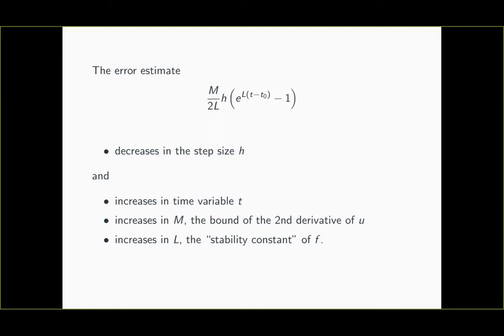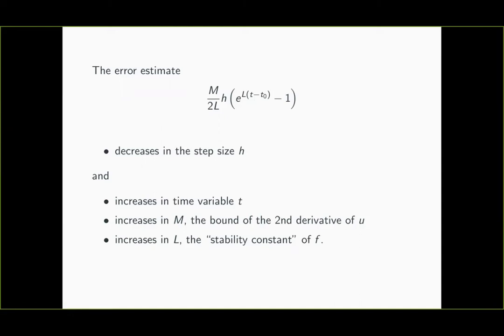One thing we can tell already is that this error estimate decreases in the step size h. So as I keep reducing the step size by 50%, halving the step size, so will the upper bound also reduce by 50%. And that works well with our intuition that as the step size decreases, so does the error.